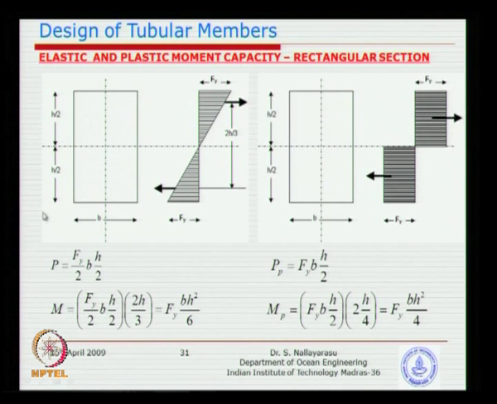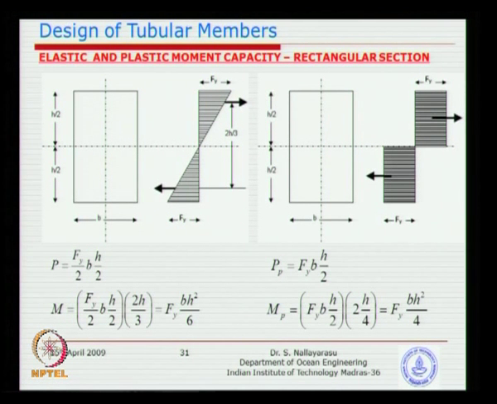So I have the P here multiplied by the distance between the compression and tension, which gives you the moment capacity at equilibrium. So what we get here is Fy multiplied by Bd square, whatever you are talking about. The same procedure can be repeated when the beam reaches the plastic capacity.